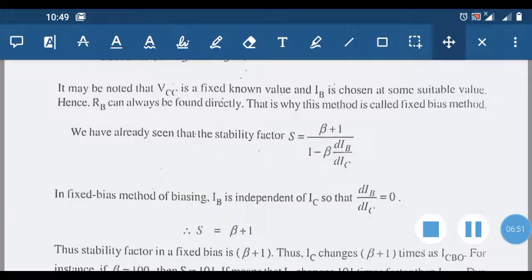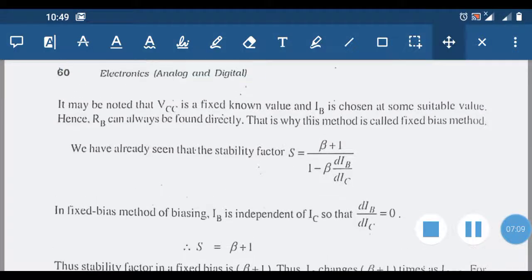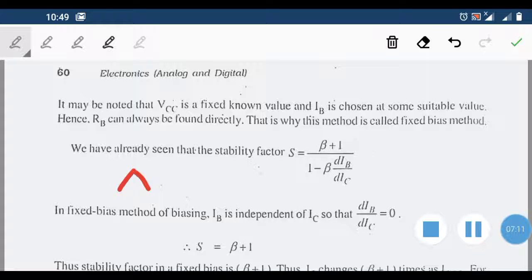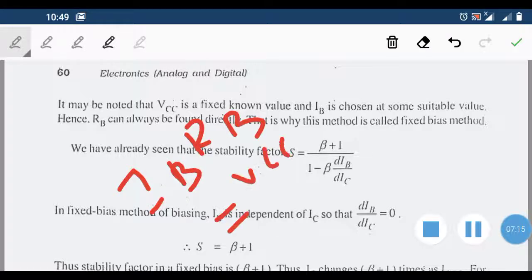Now suppose we are finding the stability factor of this circuit. The equation for stability factor is S is equal to beta plus 1 divided by 1 minus beta into dIB by dIC. What is the expression for IB? IB into RB is equal to VCC minus VBE.